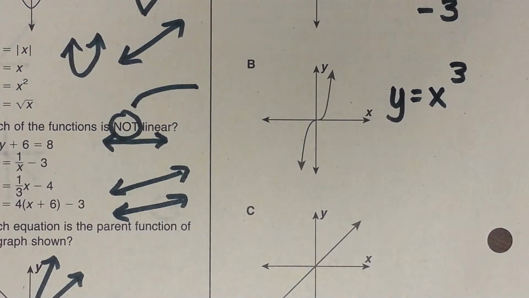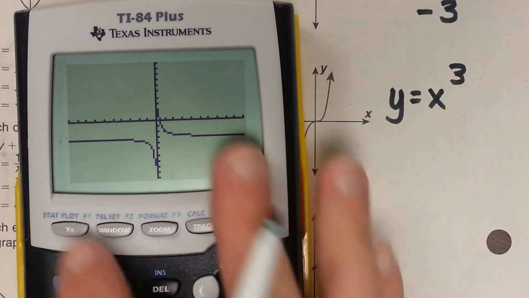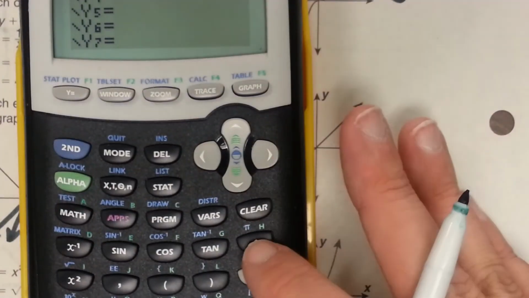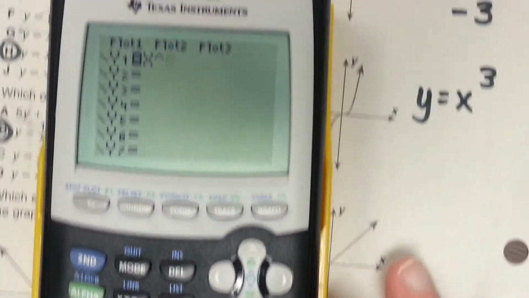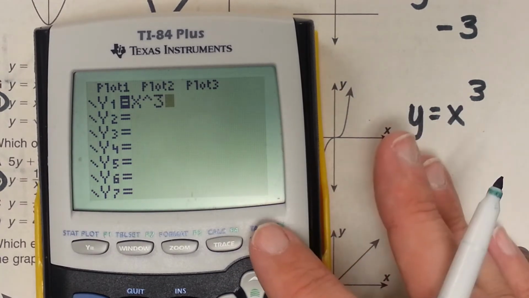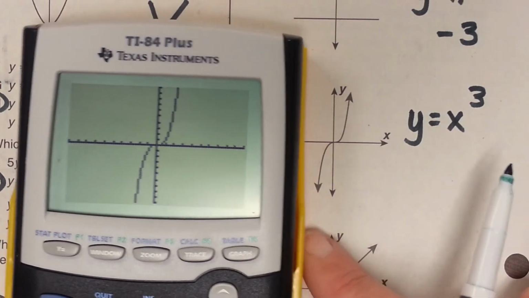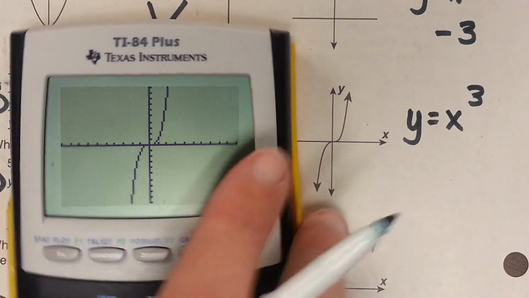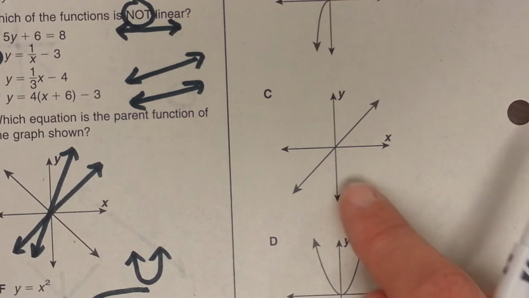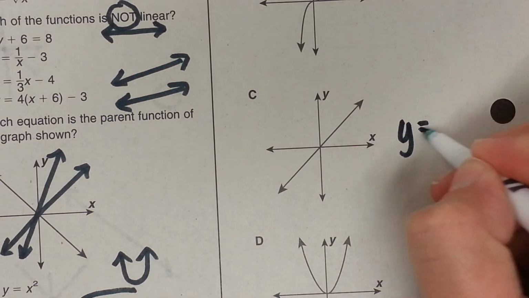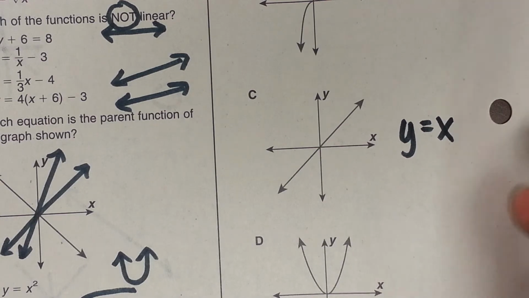I probably haven't shown you that one in the calculator lately, so let's go and see what that looks like. X, remember I used my little caret button, raised to the third, and when I hit graph, there's the picture that's on my page. For C, this looks like a line, the parent function for a line. This one is y equals x.